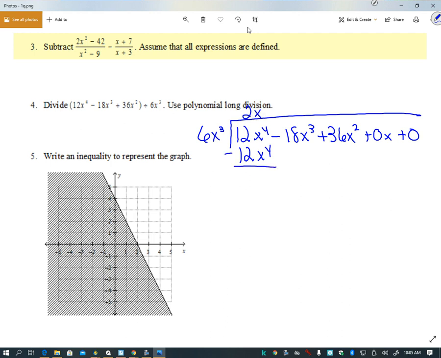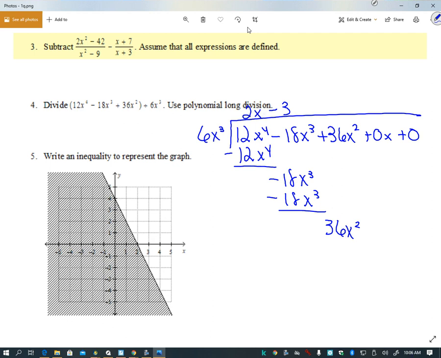And that's going to cancel, and we're going to bring down negative 18x cubed. Okay, let's come over here. Negative 3, and then multiply it back. What do I get? Negative 18x cubed, and it should all cancel. So I'm going to bring down 36x squared. Okay.